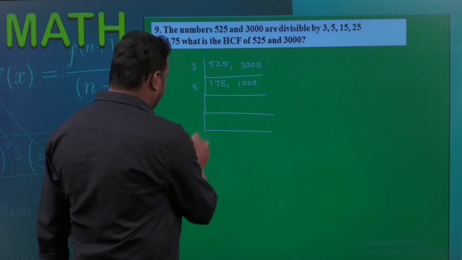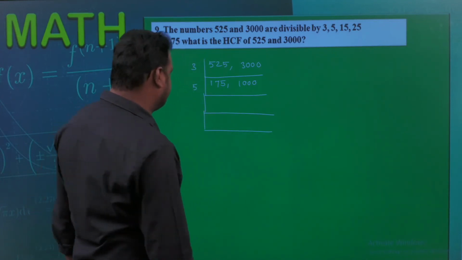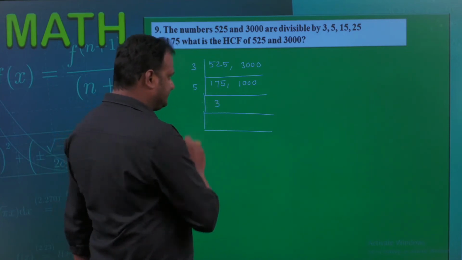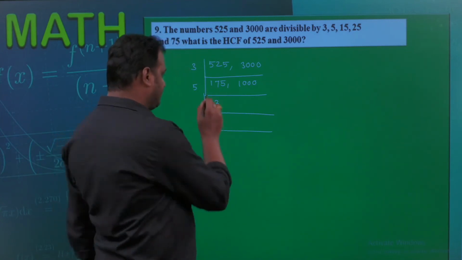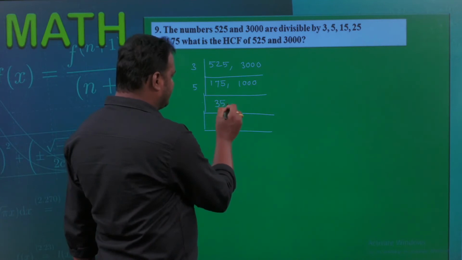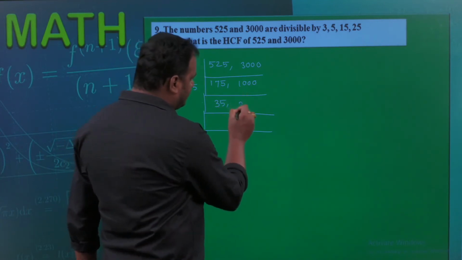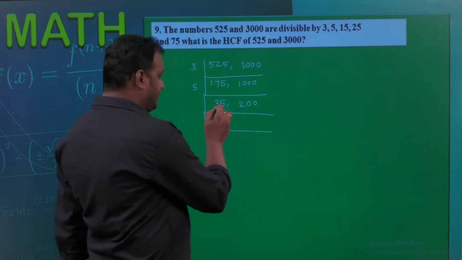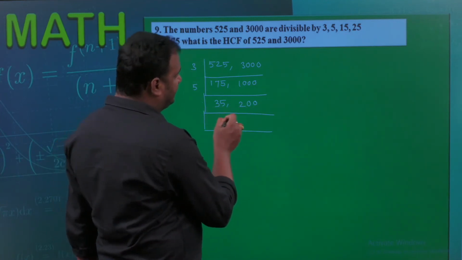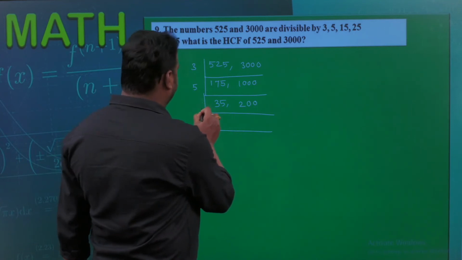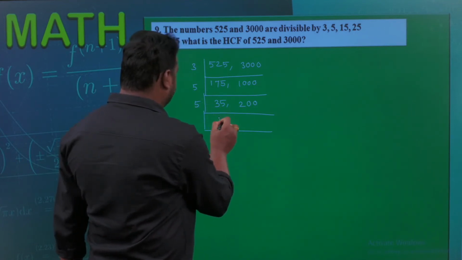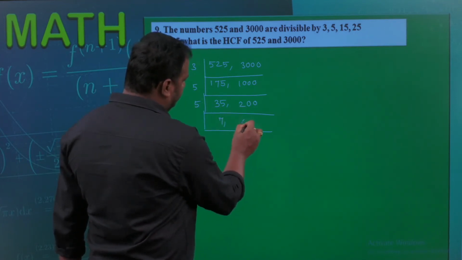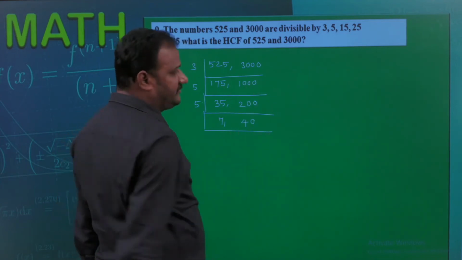Now when you divide by 5, what are you getting? 5 threes are 15, 5 fives are 25, 5 twos are 10, and then the remaining 2 zeros. Both numbers are again divisible by 5. 5 sevens are 35 and 5 fours are 20, and then 40.